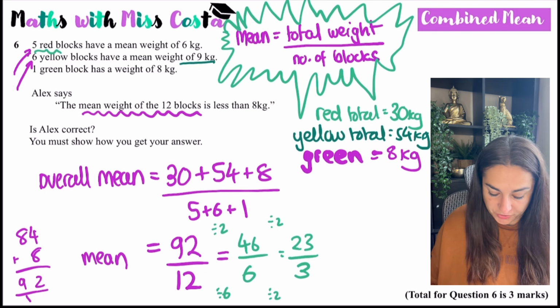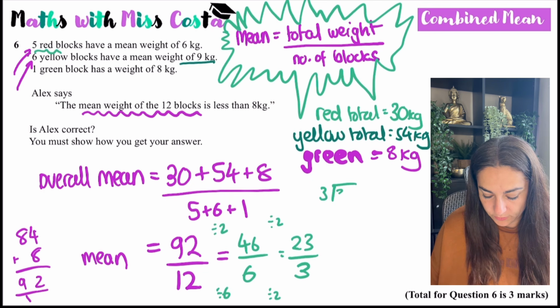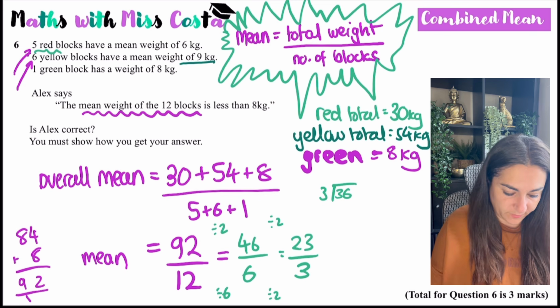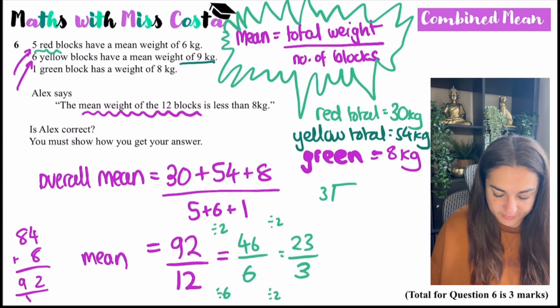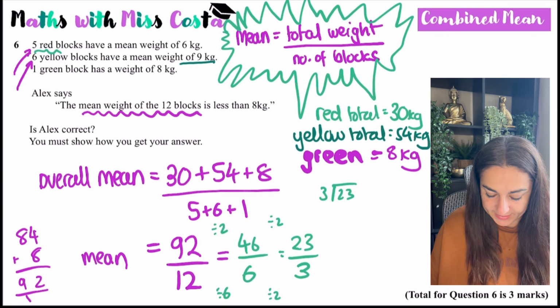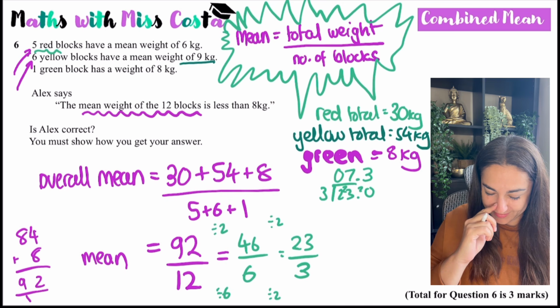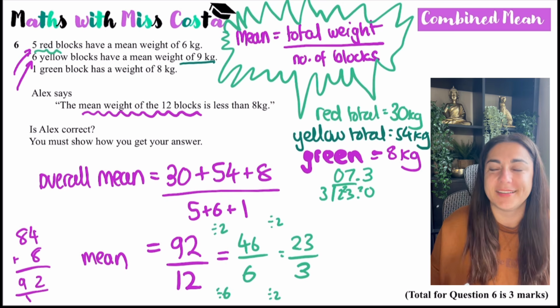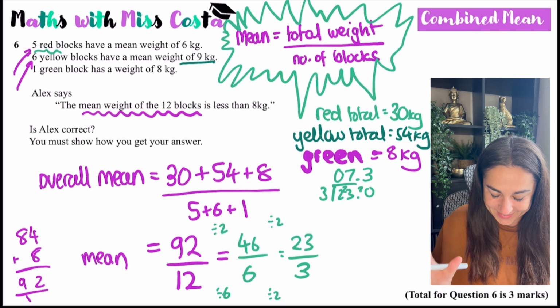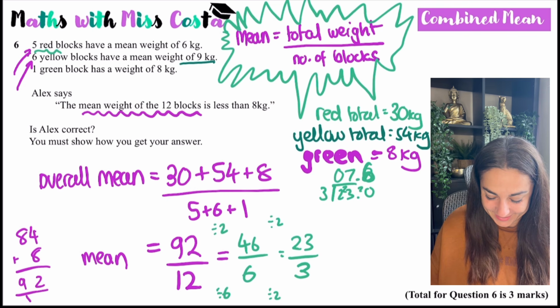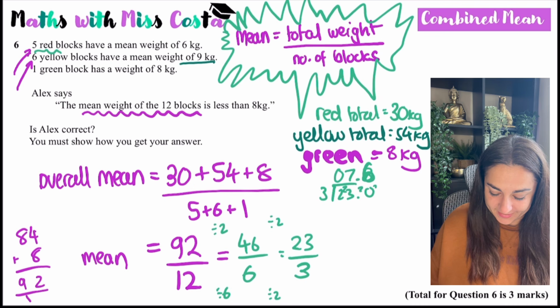And then we can just use short division. Oops, that's the wrong number. 3's into 23 to figure out what that is. 3's into 2 go none. 3's into 23 goes 7, remainder 2. 3's into 20 go... hold on, 3 times 6 is what I meant. 6 remainder 2.